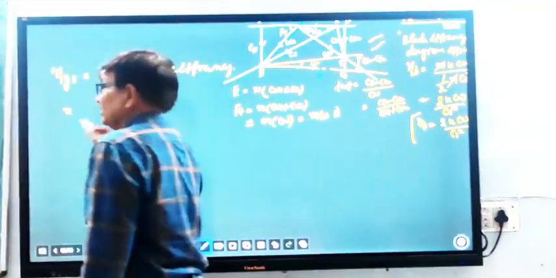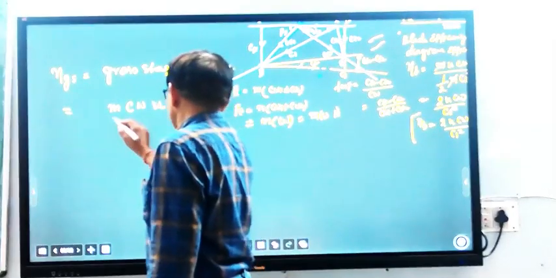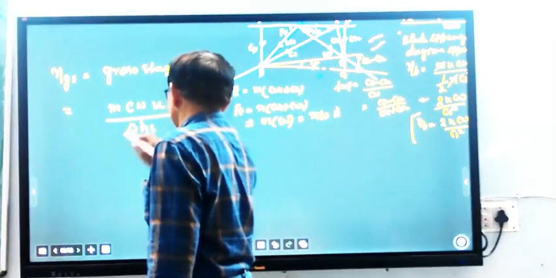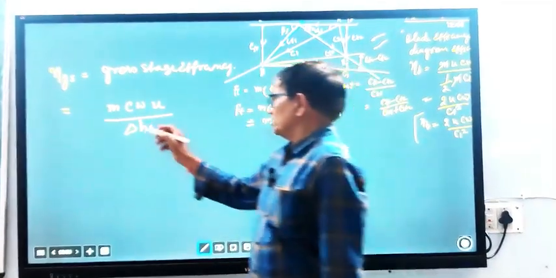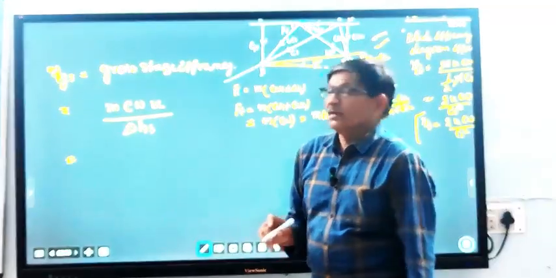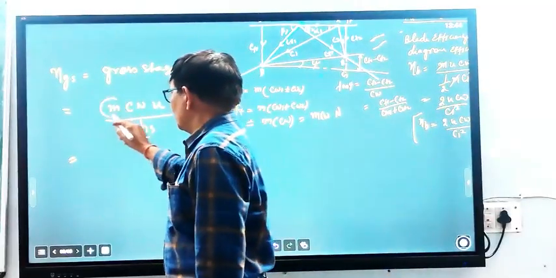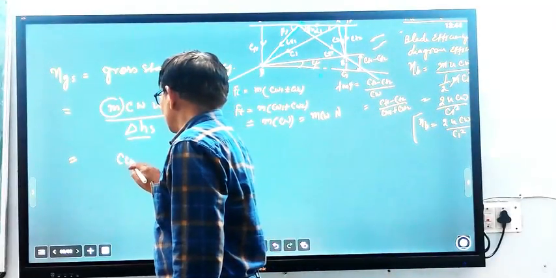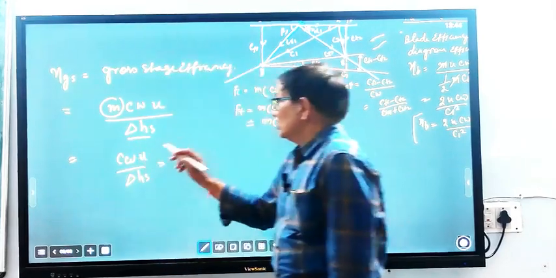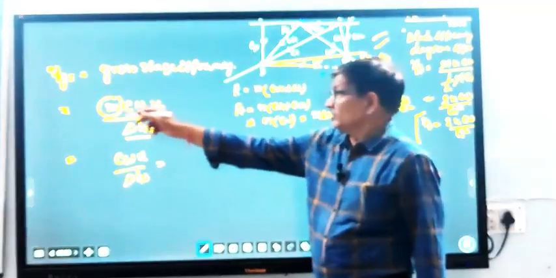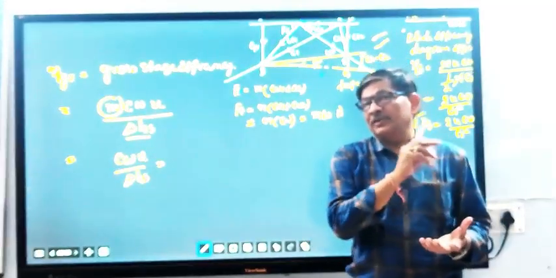Already we have calculated the work done as m Cw U upon delta Hs. We can also calculate per kg, because delta Hs we have taken for 1 kg of steam, so we remove m, giving Cw U upon delta Hs. Here delta Hs is the enthalpy drop that takes place while steam passes over the fixed blade and moving blade.